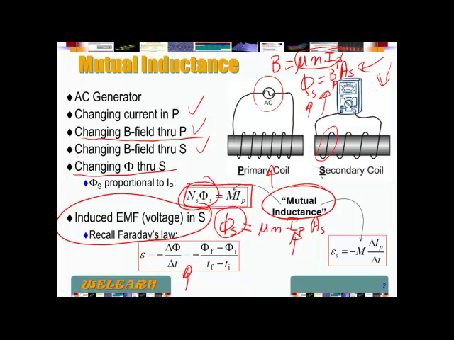Now, if we use this relationship for the flux, this expression is going to give me minus M I_P final minus M I_P initial over delta t, which leads us to this expression, which gives us the EMF in a secondary coil is given by the mutual inductance times the change in the current in the primary per unit time, with a minus sign, of course, accounting for Lenz's law.